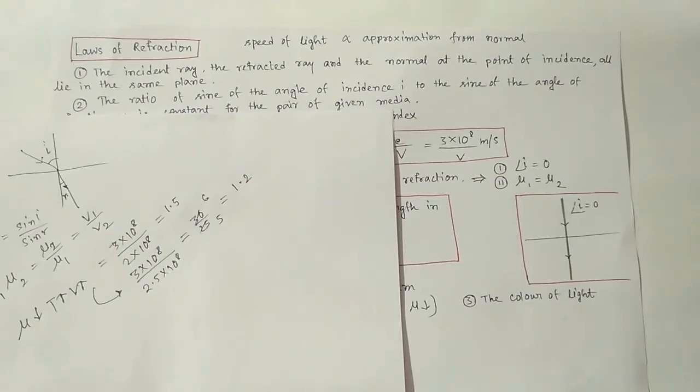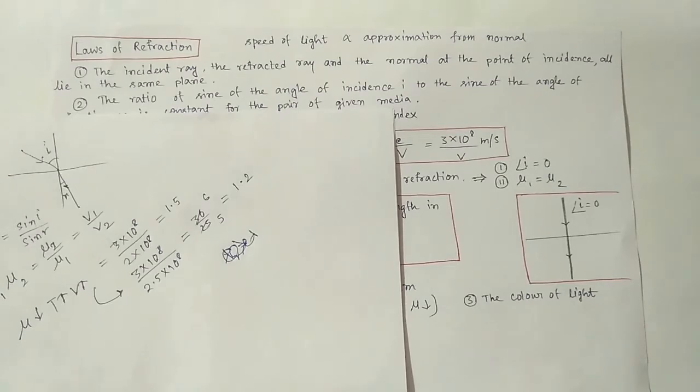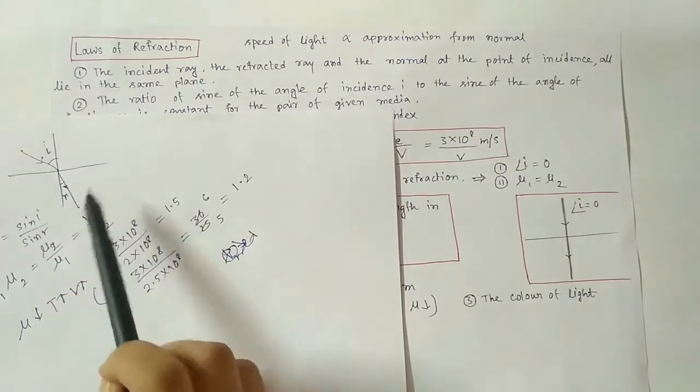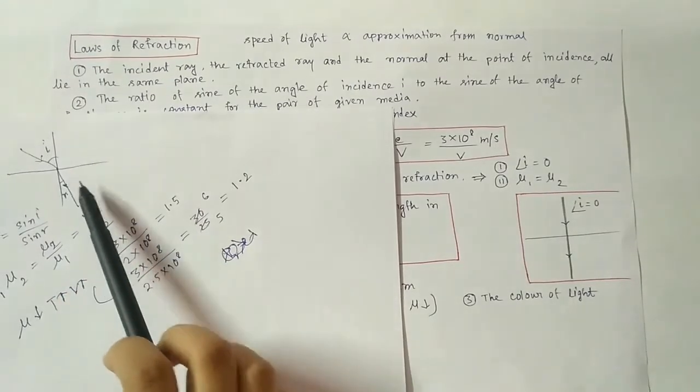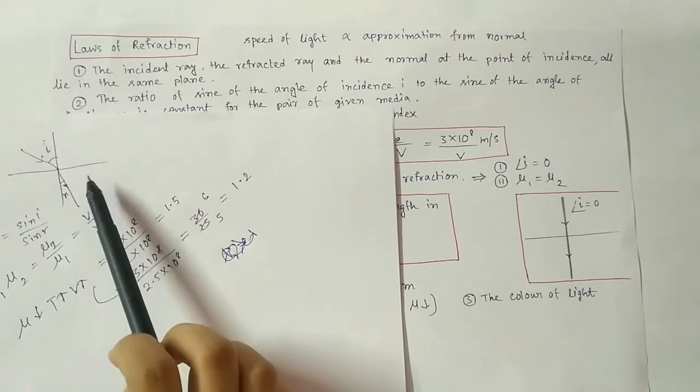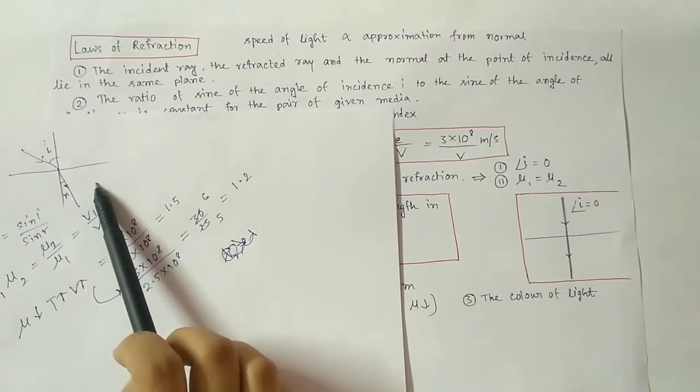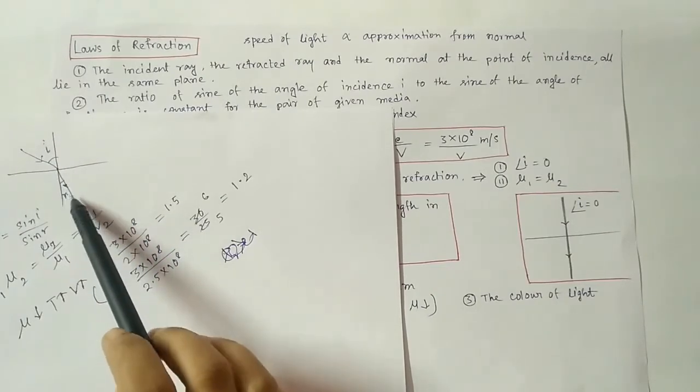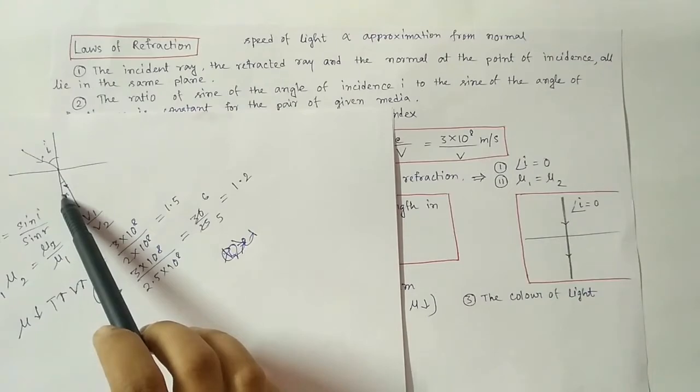Now the refractive index is also dependent on the color of the light. As the wavelength of red light is very high, it will have more velocity in any medium. Suppose there are two media, and when red light passes from this medium to this medium, the red light in the second, optically dense medium will bend towards the normal.